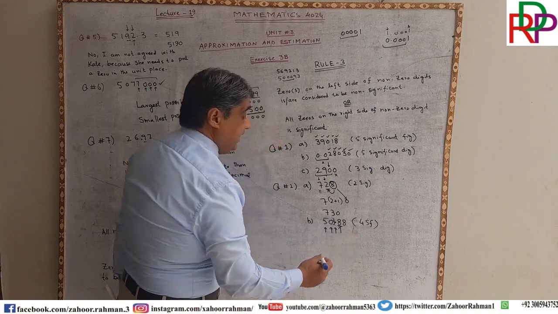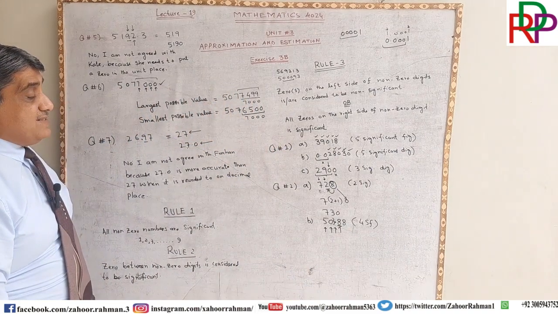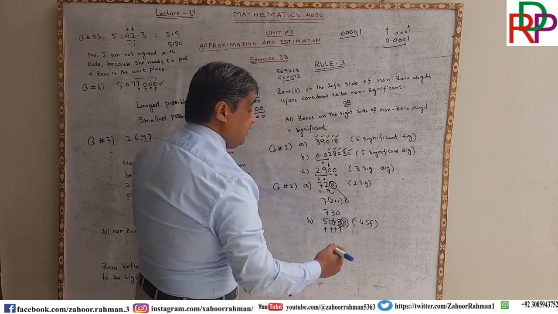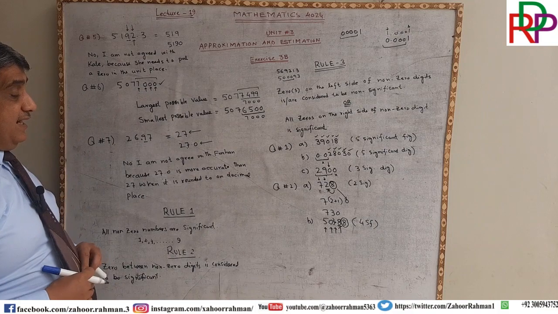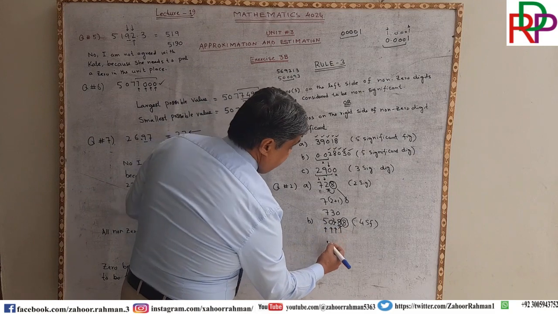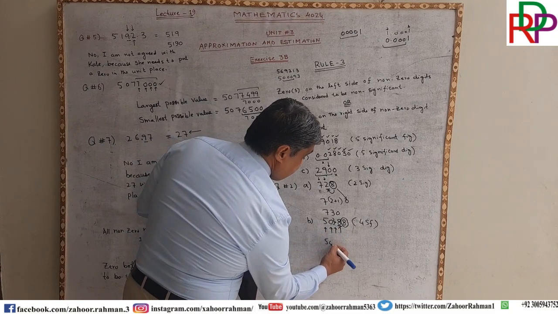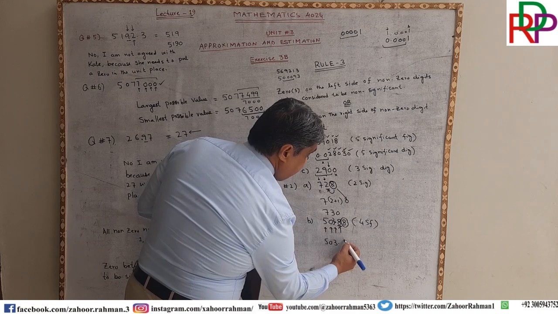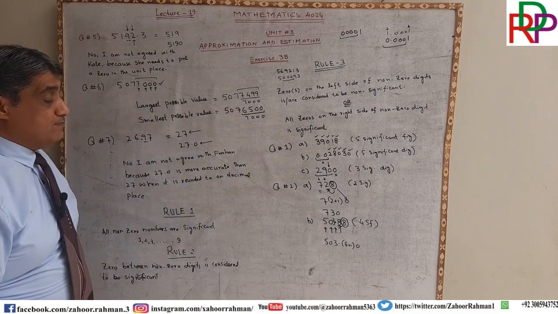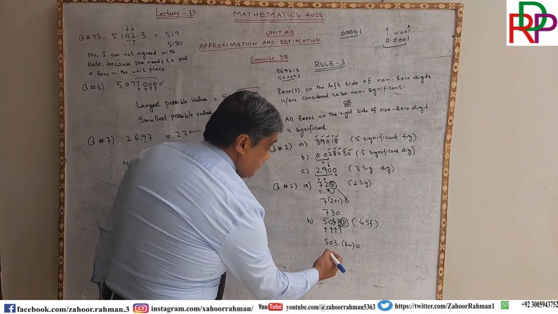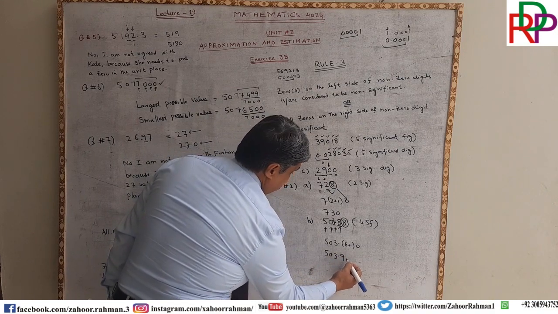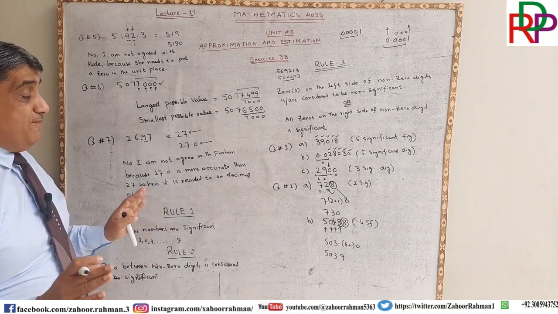So till here we have to find the answer, but we have to give a closer look to the number at the right of that underlined number. Because this is greater than 5, so 503.8 plus 1, and that will become 503.9. So 503.9 is the answer till 4 significant.